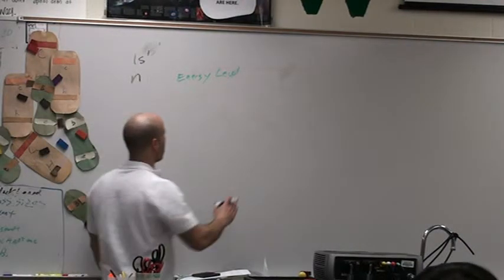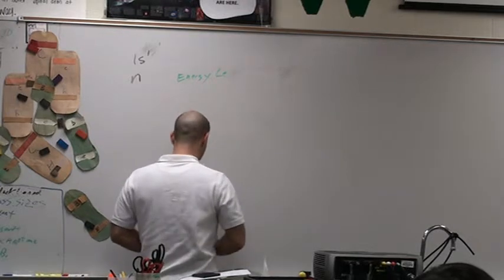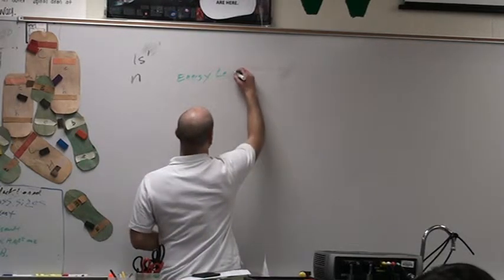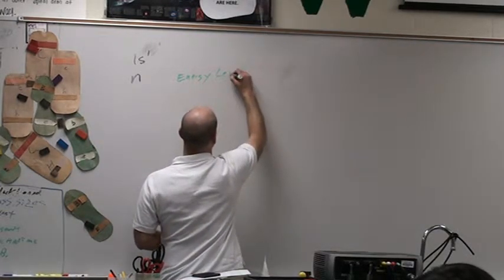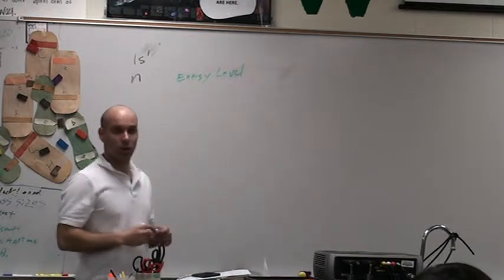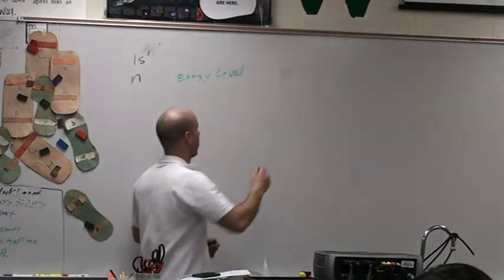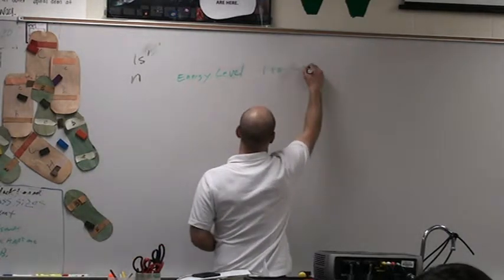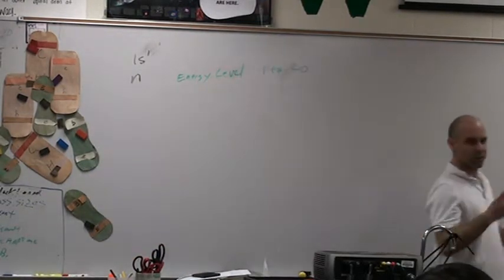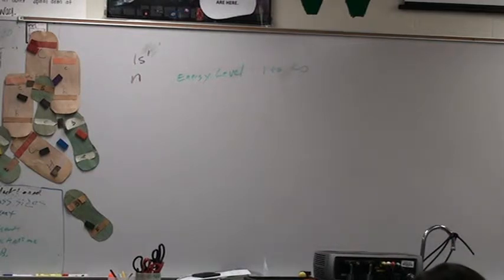And what are the values for the energy level? Sure, 1 to infinity. Because n can be 1, 2, 3, 4, 5, 6, 7. Those are the values of n, because waves come in whole numbers.